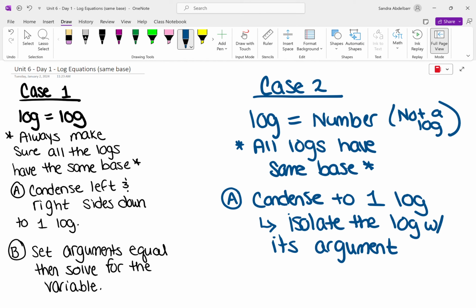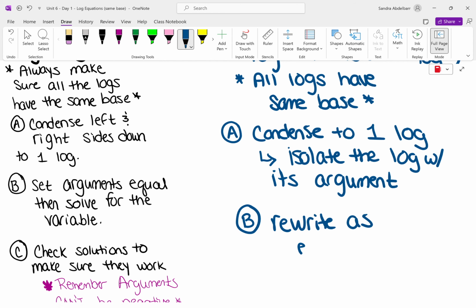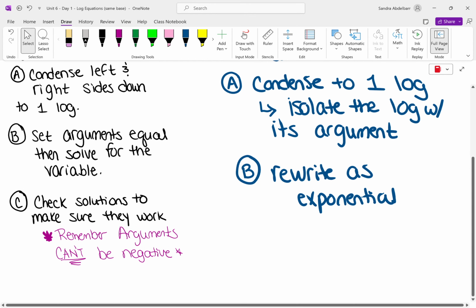And then after we condense the log down to one log with its argument, what we want to do is rewrite as an exponential. We're then going to solve the equation.